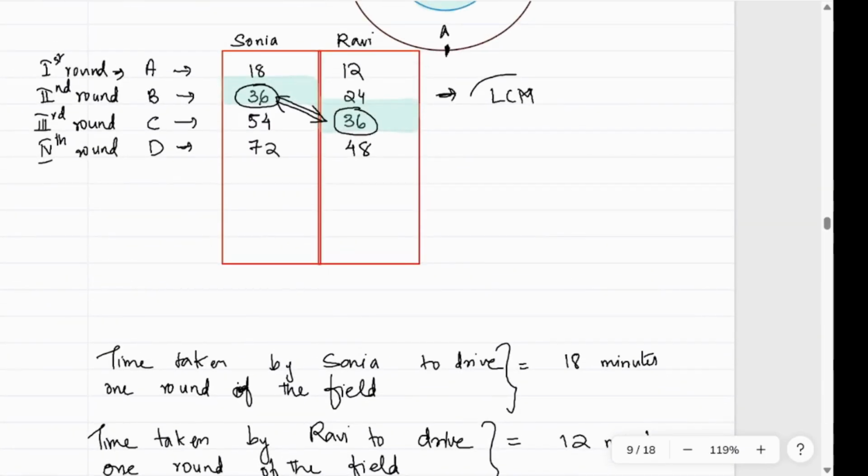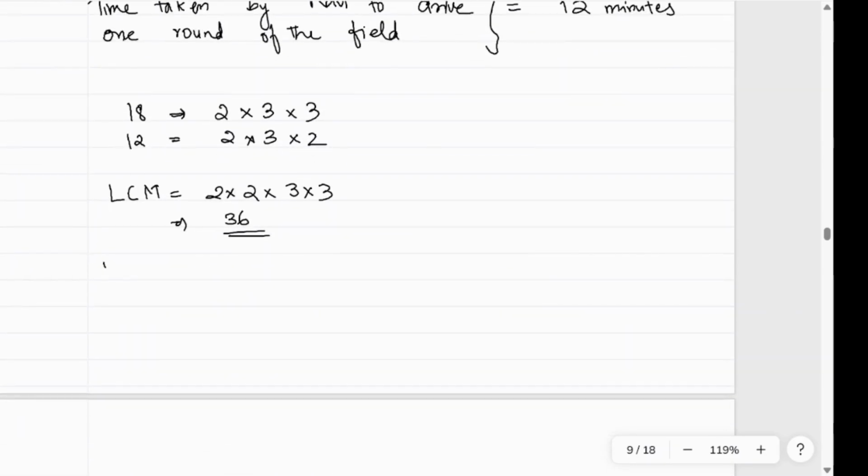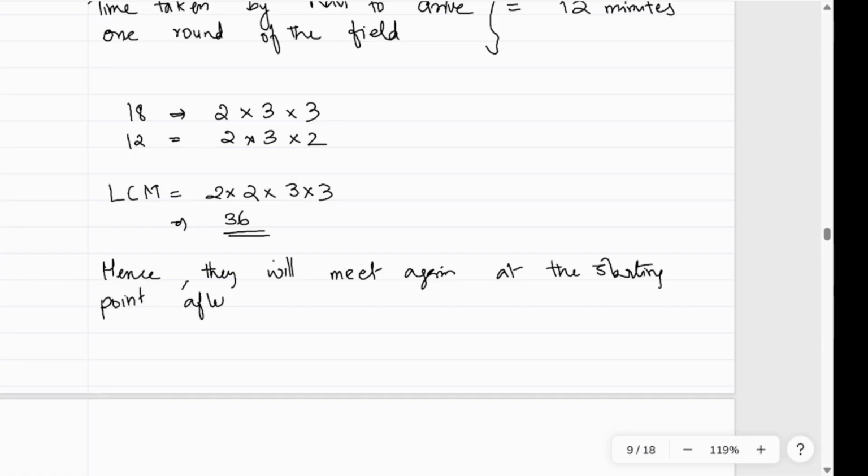Correct? So we need to find the LCM in order to solve the question. Hence they will meet again at the starting point after 36 minutes. Clear?